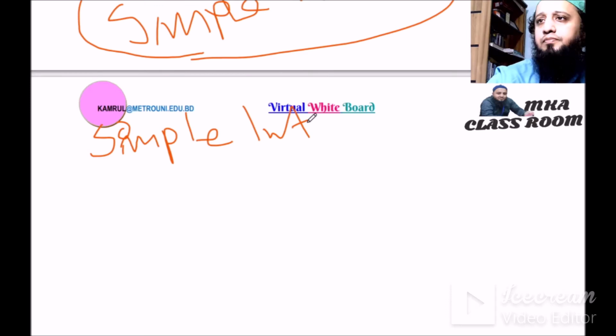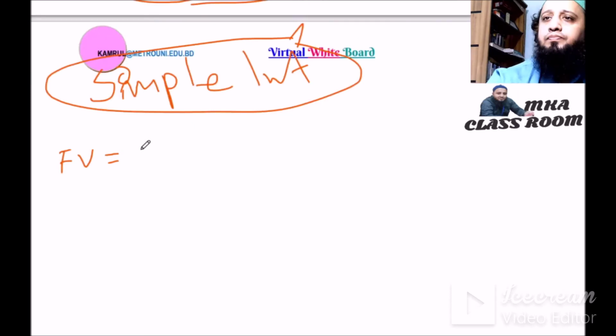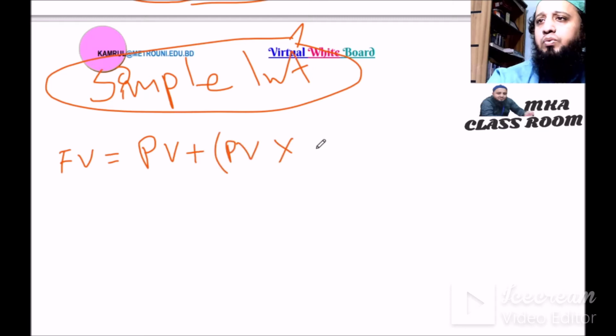The mechanism for simple interest is: future value equals present value plus present value into rate of interest into number of periods.